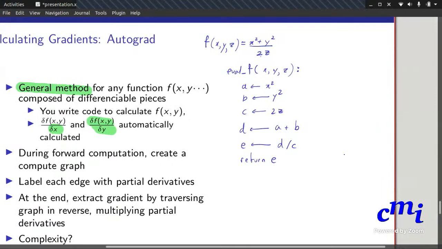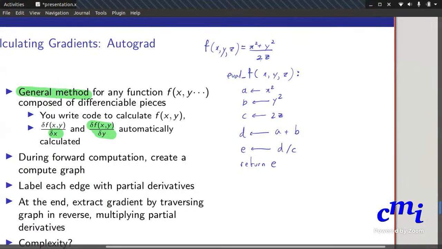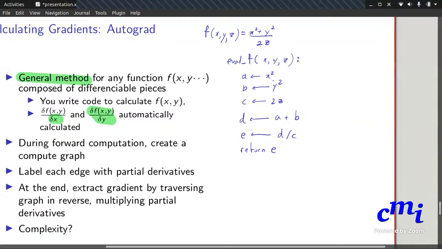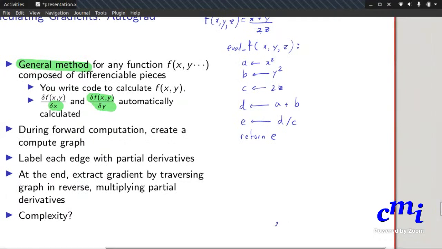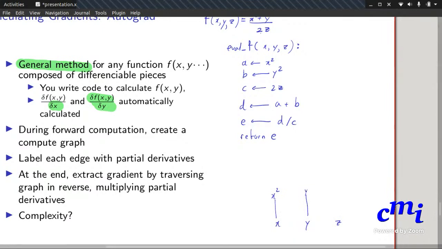So another way of looking at this function is as a computation graph. You can think of this function as starting with the values x, y, and z, and then constructing various different expressions, and finally the final expression you get is this return value e. So this graph will start with the nodes x, y, and z, and then we construct x square, y square.